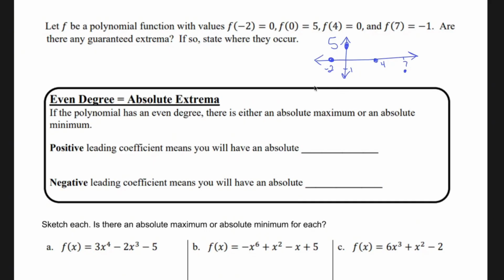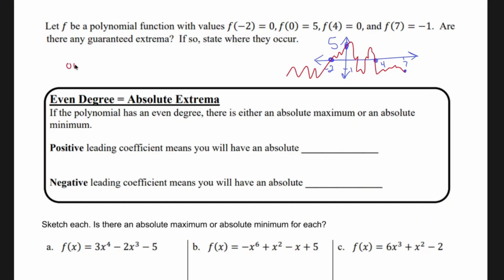Now, we don't know what this picture looks like. We know that at the very least, in between -2 and 4, there's going to be a guaranteed local maximum.